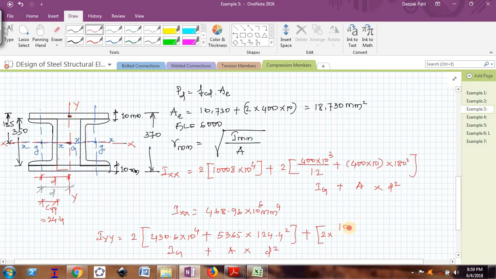So it will be 10 multiplied by 400 cube by 12, plus area is 400 multiplied by 10 multiplied by D. D is now the distance of the CG of this rectangle up to the y axis. You can see that the CG of the rectangle, that is 400 mm by 10 mm, lies on the y axis itself. So there is no distance between them. So it will be 0.